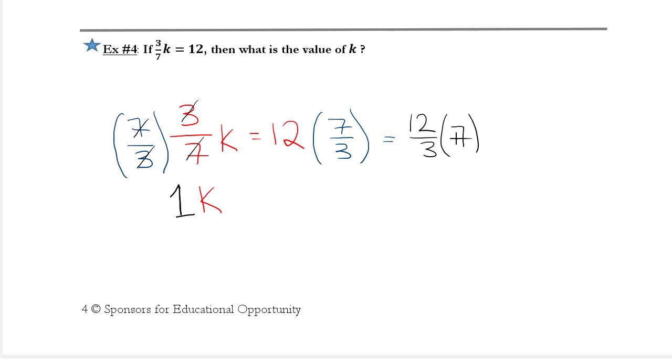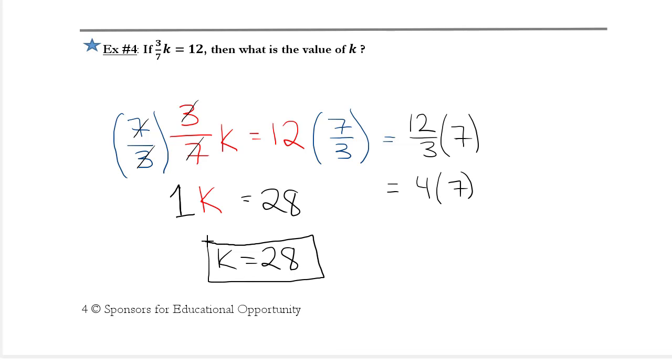As long as I'm keeping my numerators and denominators in the right place, I can manipulate fractions in this way, and that's a little bit easier to solve because 12/3 is just 4 and 7 is 7. So I can say that altogether 1k equals 28, so that's my answer. My answer is k equals 28. So 3/7 of 28 equals 12.